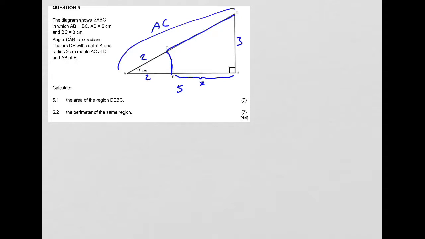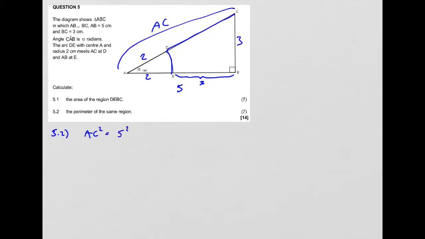Okay, so firstly, let's work out AC using Pythagoras. Right, so AC squared is equal to 5 squared plus 3 squared. So AC is equal to root 34. So then DC must be root 34 minus 2. Okay, put the surds on, don't work it out, don't round them off.